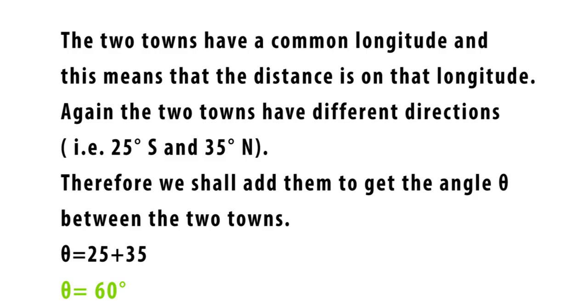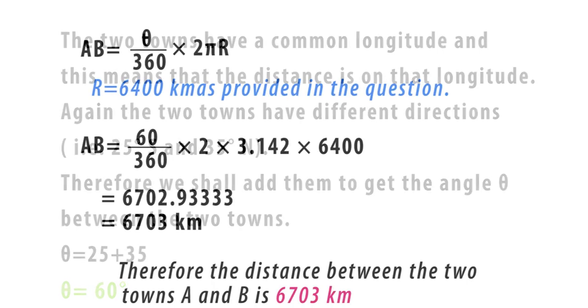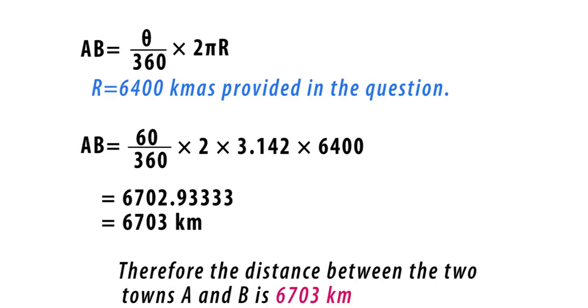So the distance between the two towns AB is equal to theta divided by 360 multiplied by 2 pi r. Here our r, which is on a great circle, is 6,400 kilometers. So we do our substitutions, and we have AB equals 60 divided by 360 multiplied by 2 multiplied by 3.142 multiplied by 6,400.